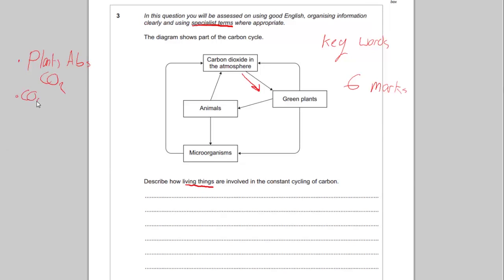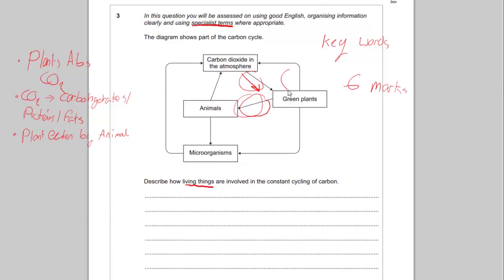The CO2 is then turned into carbohydrates or proteins or fats in the plant. Plant is then eaten by an animal, which is this step. So we've included this step and this step.